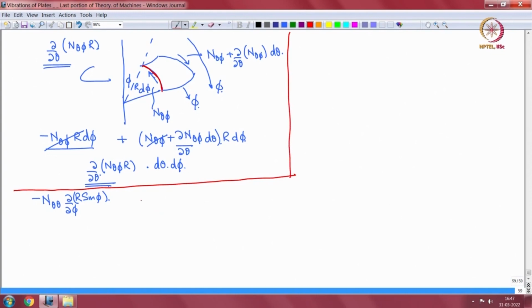Now let me again draw the element. So I have this is my phi, this is d phi. Now n theta theta is like this.